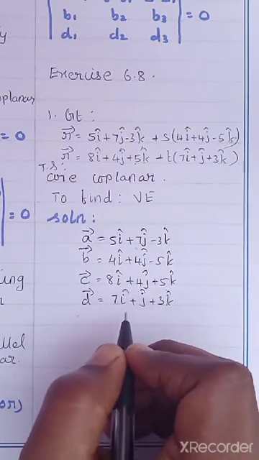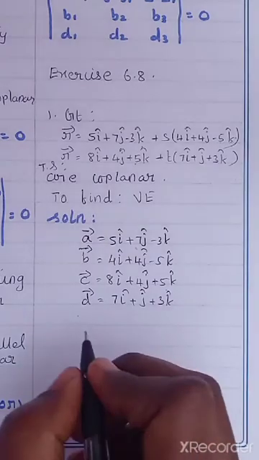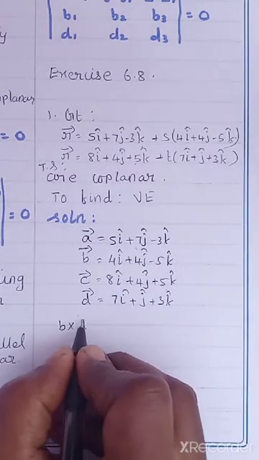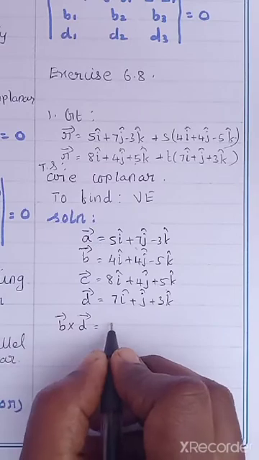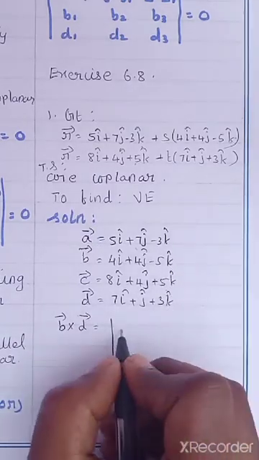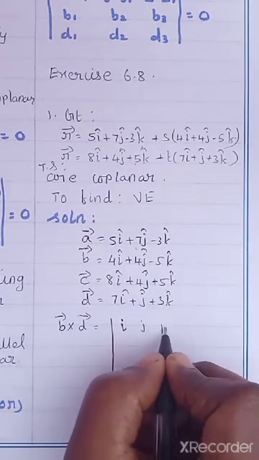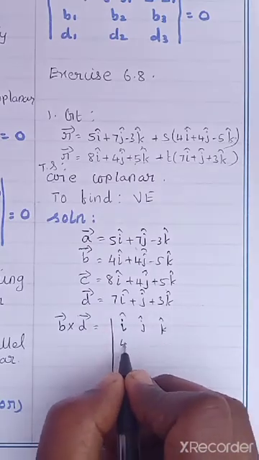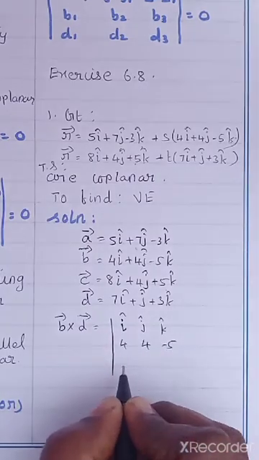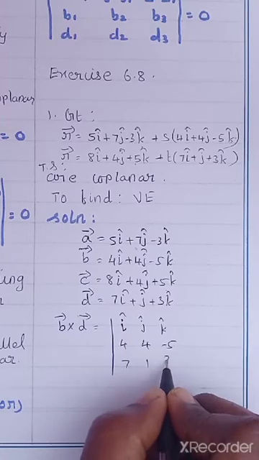So first we have to check whether it is coplanar. For that, find B cross D first. What is your B cross D? The determinant with rows i, j, k; B is 4, 4, minus 5; D is 7, 1, 3.